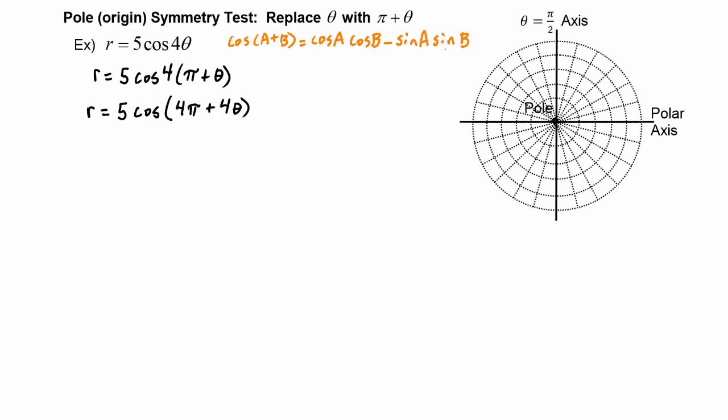Our equation becomes r is equal to 5 times the quantity cosine 4 pi cosine 4 theta minus sine of 4 pi sine of 4 theta.